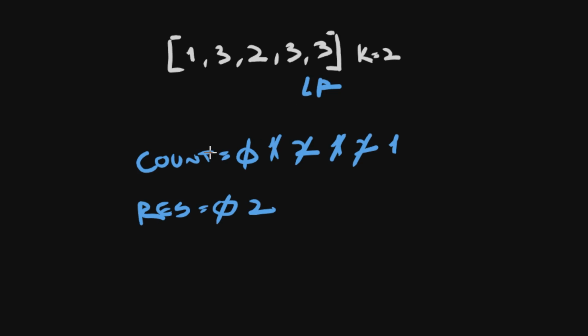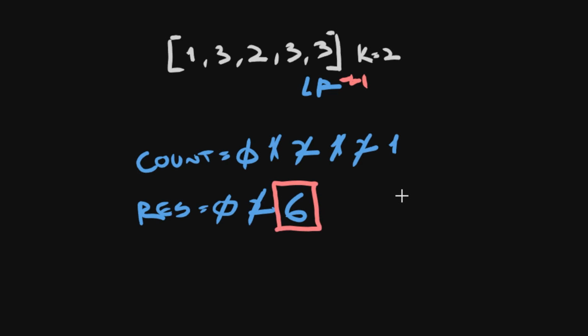Now left is here and count is smaller than k, so we add left subarrays to our result, meaning our result is now 6. This means that this subarray is valid, this subarray is also valid, this one is valid, and this is valid also. And finally we update right, we reach the end, and we return the result, which is 6.